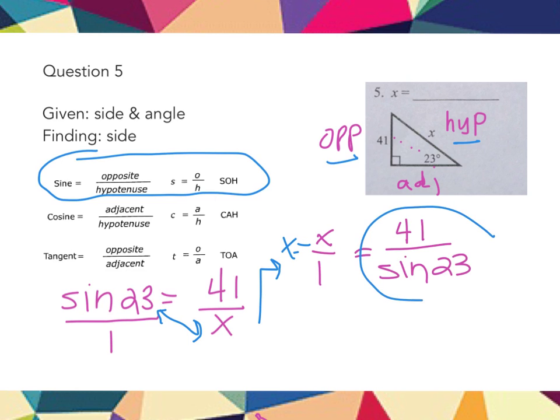This, 41 divided by the sine of 23, this is what I'm going to plug into my calculator. So when I do that, I'll just type in 41 divided by sine of 23, and the calculator will do the rest. So what I should get is 104 and 931 thousandths.